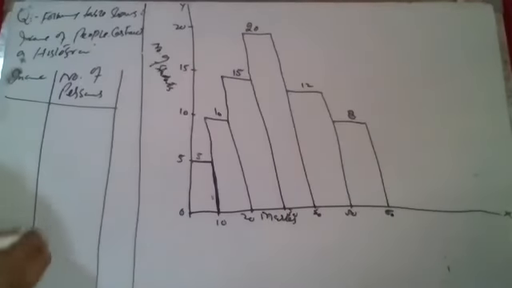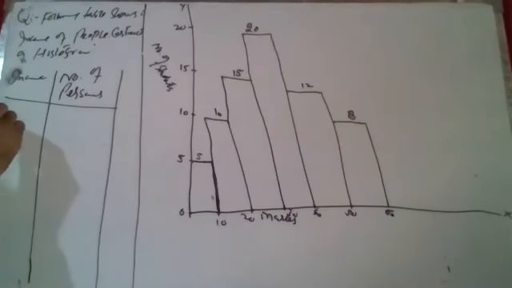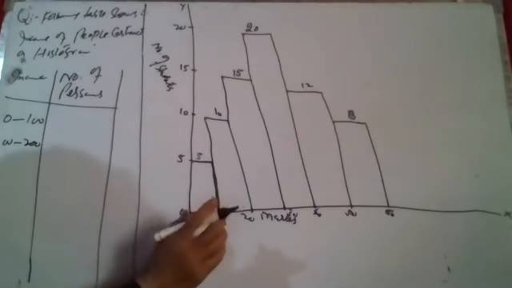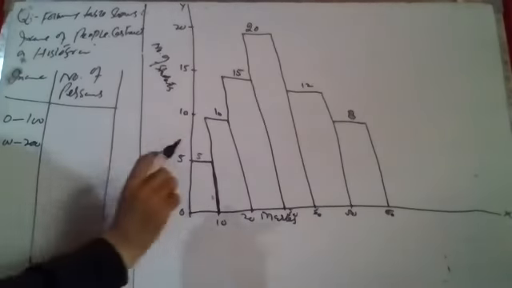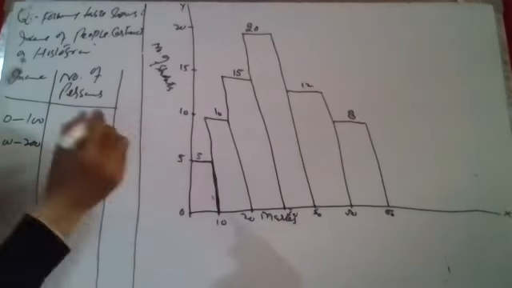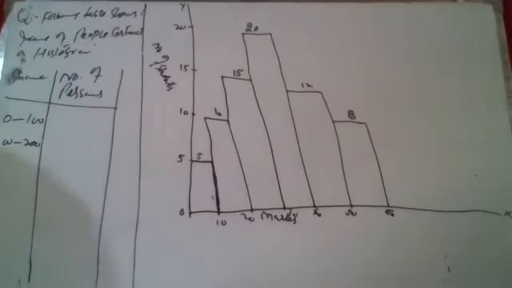For example, income is 0 to 100, 100 to 200, 200 to 300, 300 to 400, 400 to 500, 500 to 600, 600 to 700. Where I put 10 in the histogram, here put 100, then 200, then 300.